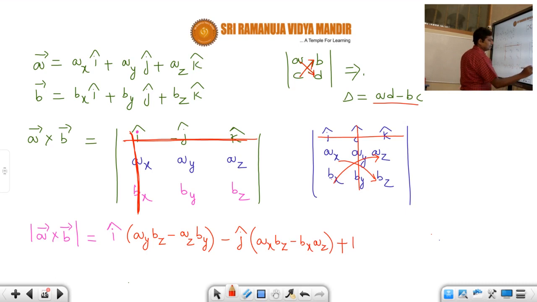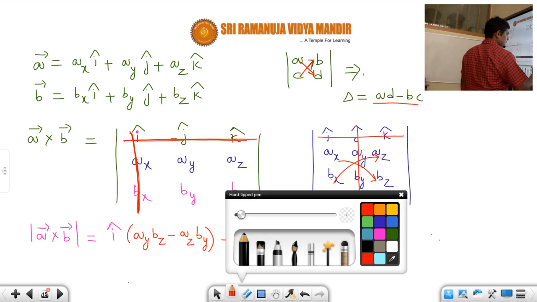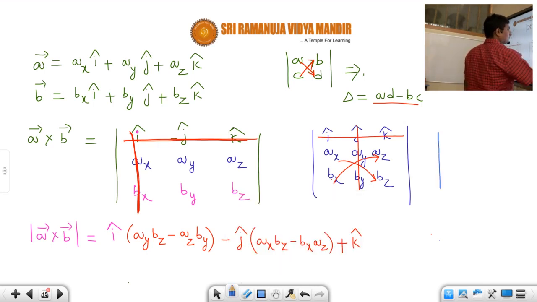Plus K cap. Now how to calculate the determinant for K cap? Again we can draw this: I cap, J cap and K cap, AX, AY, AZ, BX, BY and BZ.